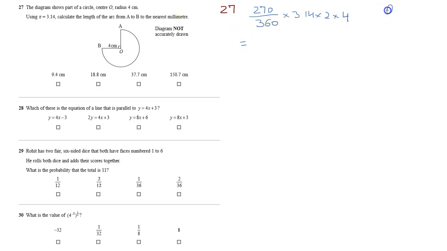The formula is theta over 360 times 2 pi r. That is the arc length if this angle is theta. So this will be 18.84. Nearest millimeter, to this centimeter. So nearest millimeter is 18.8.